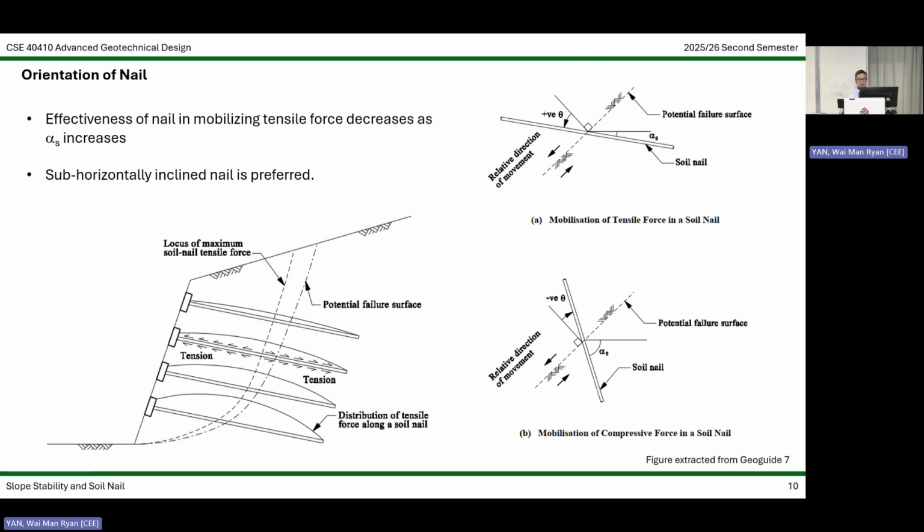Sub-horizontal means close to a horizontal line. This is how the nail will perform best. When I say perform best, these orientations will facilitate the nail to develop tensile force. We want the nail to develop tensile force.